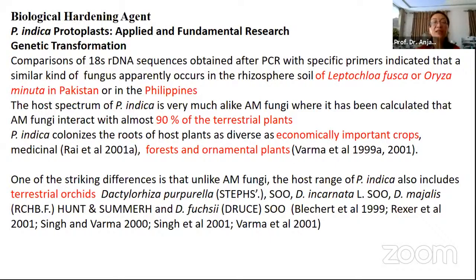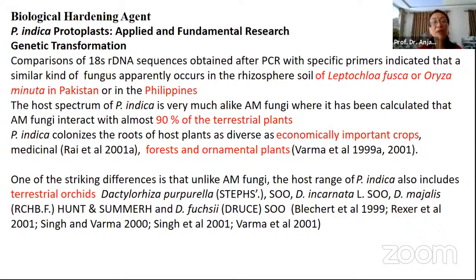It indicated that a similar kind of fungus apparently occurs in the rhizosphere of Leptochloa fusca or Oryza minuta in Pakistan. So when this was identified in India, the same type was also identified in Pakistan and Philippines, but however, they are not exactly the same.